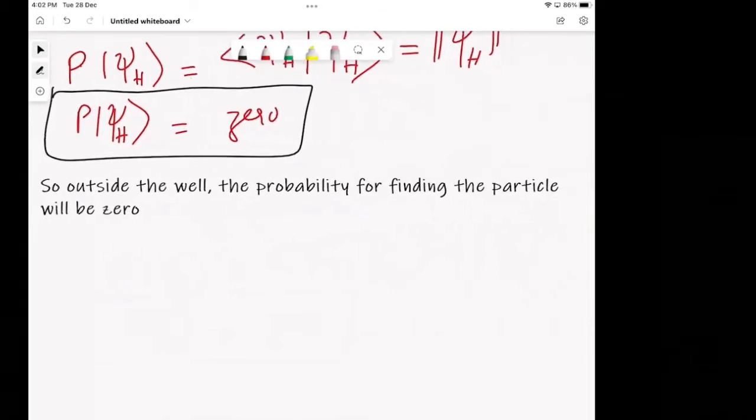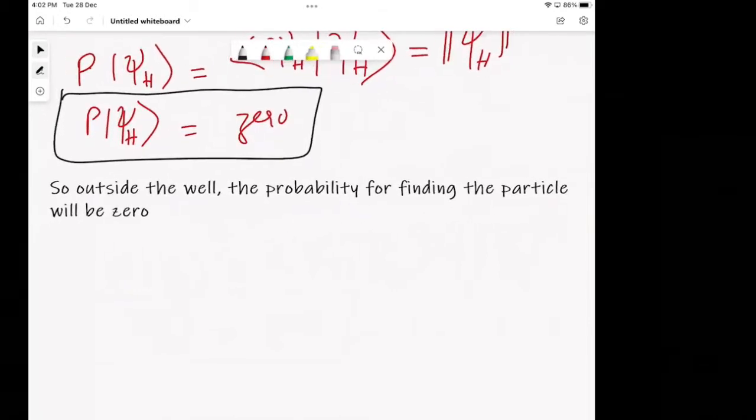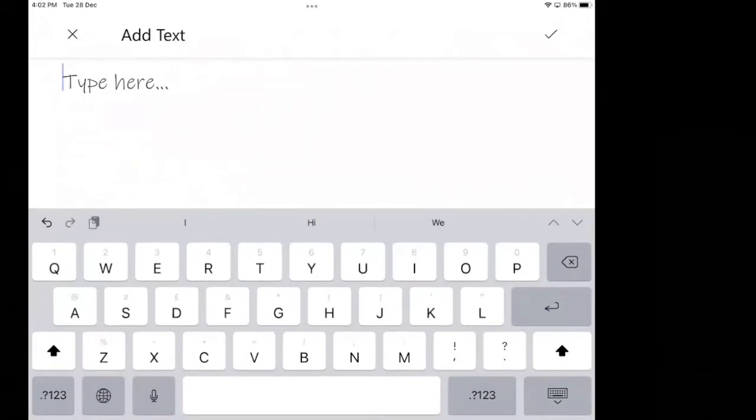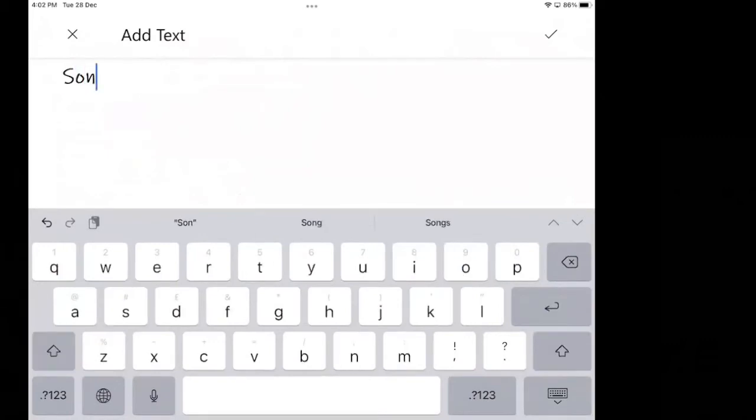This is all about region 1 and outside the well. What will happen inside the well?